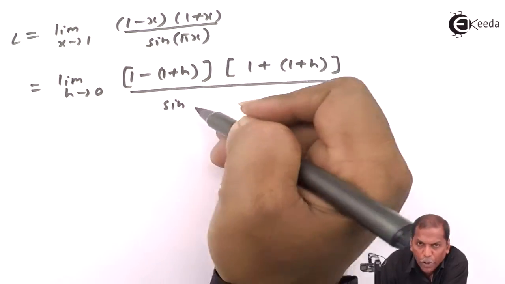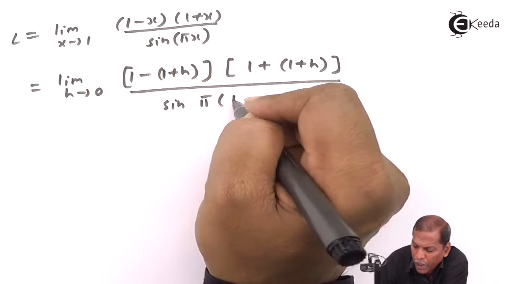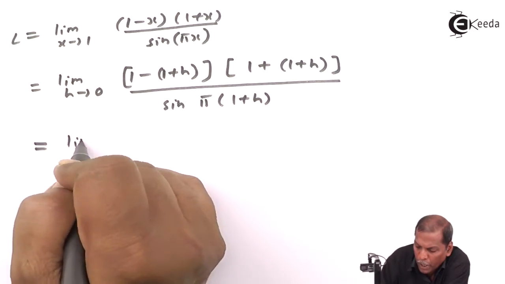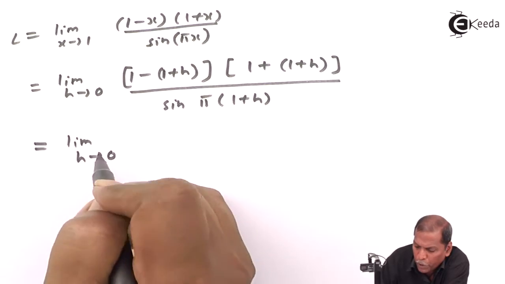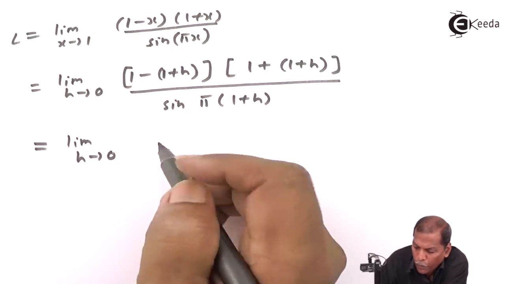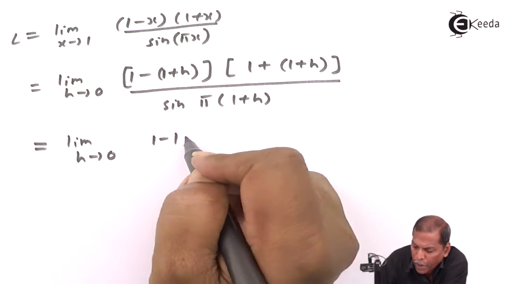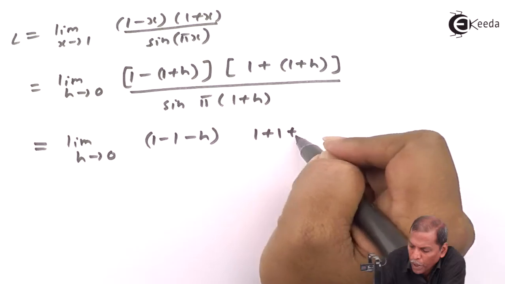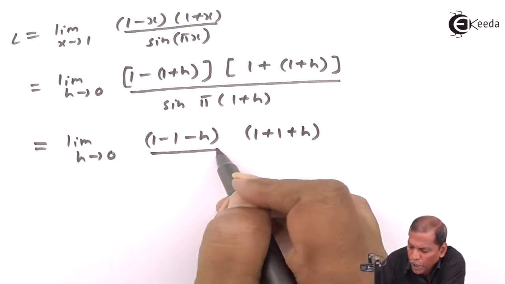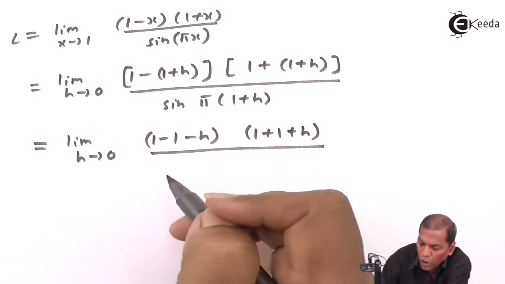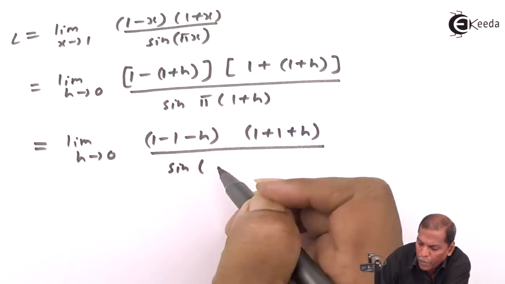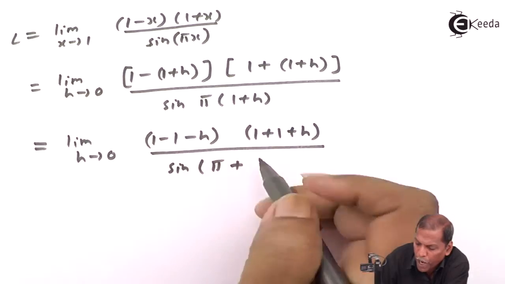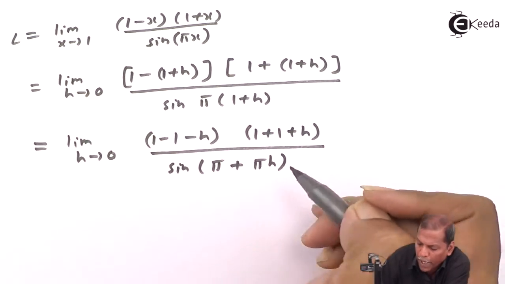Then in the denominator sine pi in bracket (1 plus h), that equals the limit as h tends to 0. Now in the first bracket we write 1 minus 1 minus h, in the second bracket 1 plus 1 plus h in the numerator, upon, in the denominator, sine in bracket, pi into 1 gives pi, plus pi into h gives pi h.